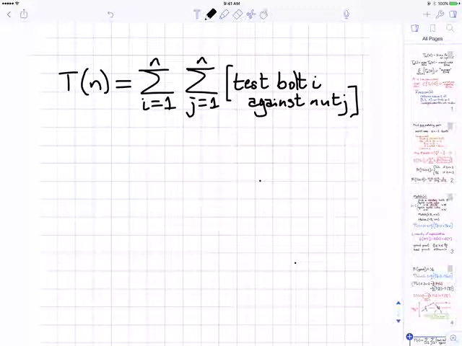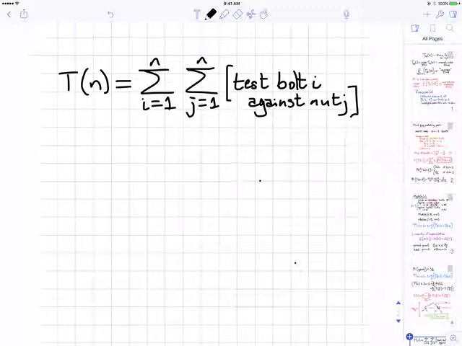And that doesn't count as actually testing that. So it's either 0 or 1. And so again, that bracket means 1 if you do the test and 0 if you don't. And now I ask for every nut and every bolt, when the algorithm finished, did it test this pair of objects?